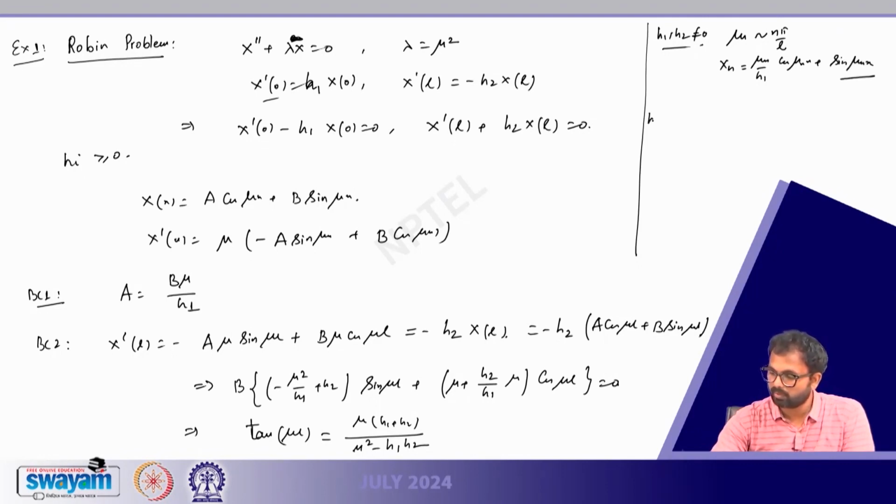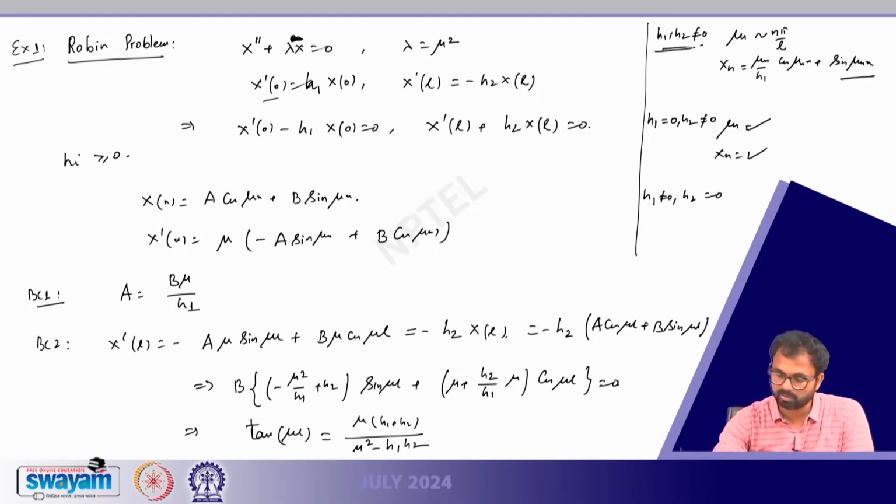Similarly we have to consider the case when h1 is 0 and h2 is non-zero. Then we will obtain our mu n from here, and we can calculate our X n. And when h1 is non-zero and h2 is 0, that also we can determine.